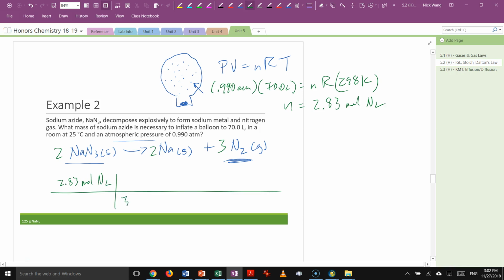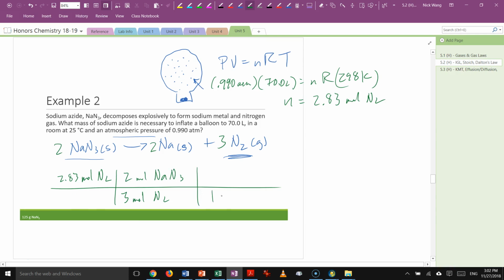We know that for every 3 moles of N2 produced, it requires 2 moles of NaN3, sodium azide. And we put in the molar mass to get from moles to mass: 66.02 grams of NaN3 for every mole.